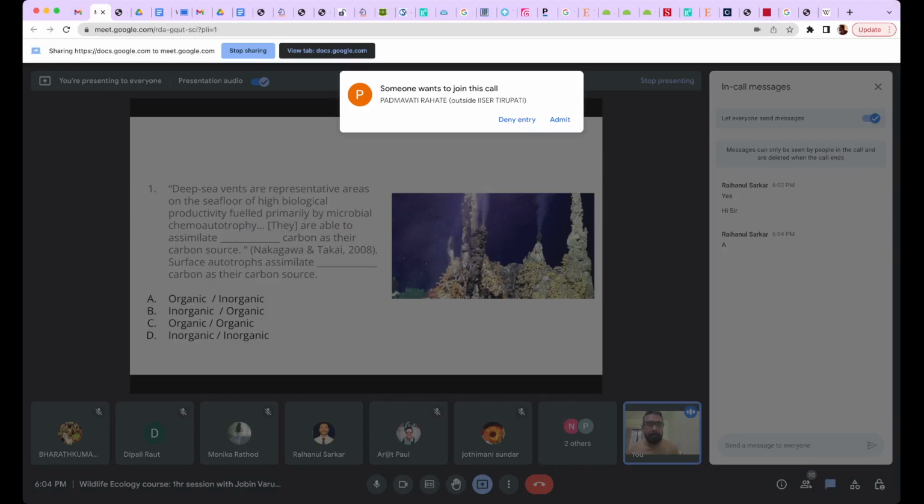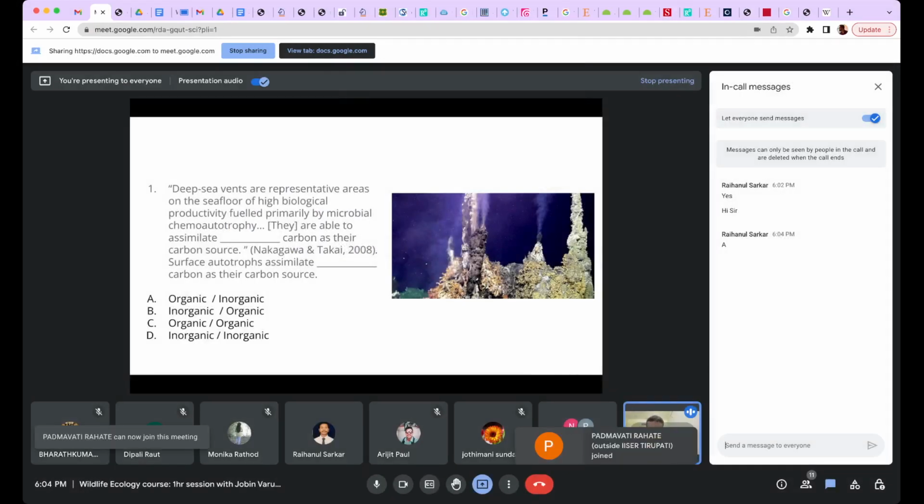So you got the question right. Sir was talking about chemoautotrophy and photoautotrophy. Photoautotrophy is producers producing food using photons, the light, as the energy source. Chemoautotrophy is producers producing carbon-based food using chemical reactions.